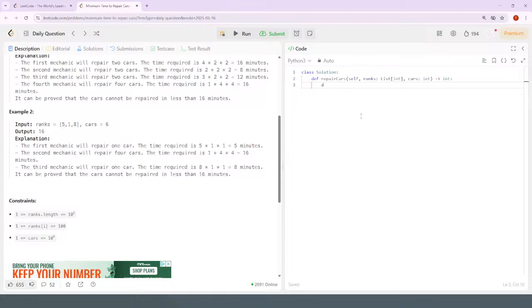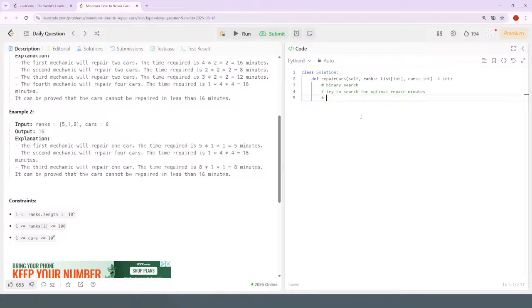So for the binary search method, we'll try to search for the optimal repair minutes.